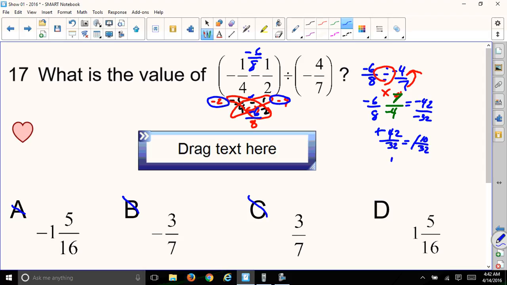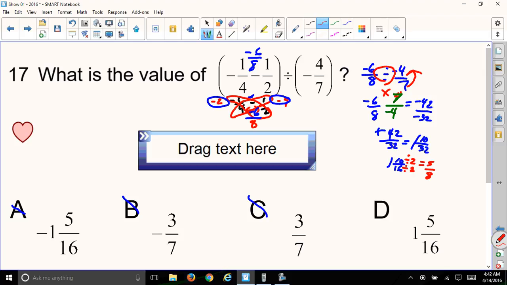But I don't see that. I see 1 and 5/16. Well, 5/16, I can reduce that by dividing both by 2. So 10 divided by 2 will give me 5, and 32 divided by 2 will give me 16.